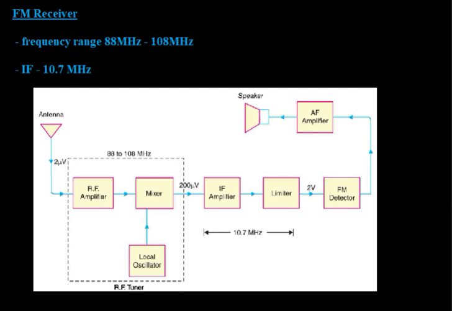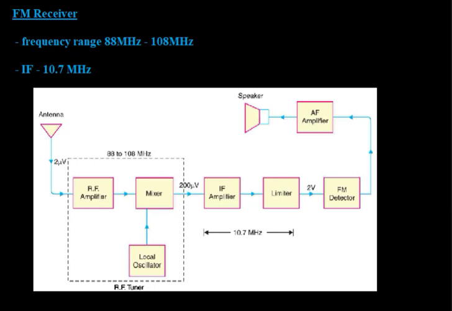In the last lecture we discussed the AM receiver, and now we know that most of the broadcasting stations send these signals in FM mode. So we will have FM receivers in the receiving stations.